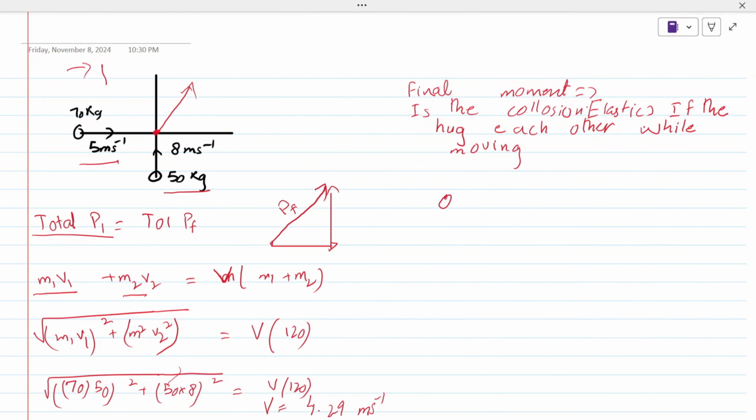We can calculate theta as tan inverse of Py upon Px.